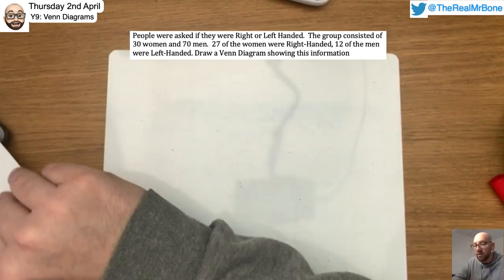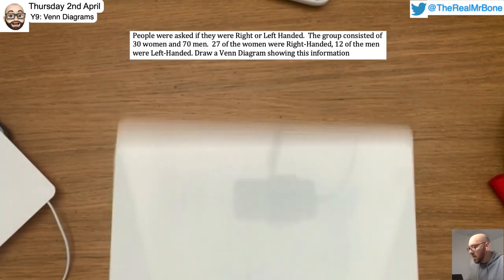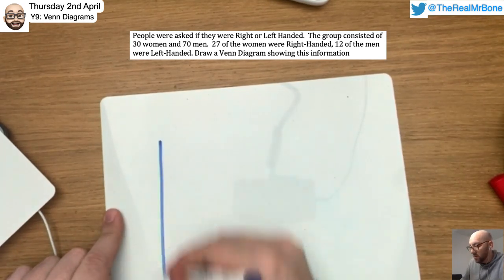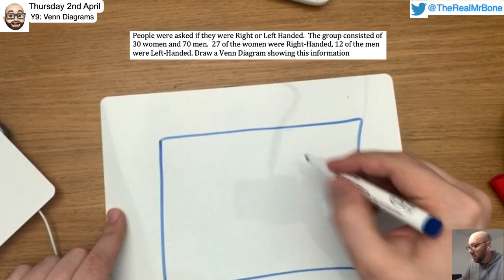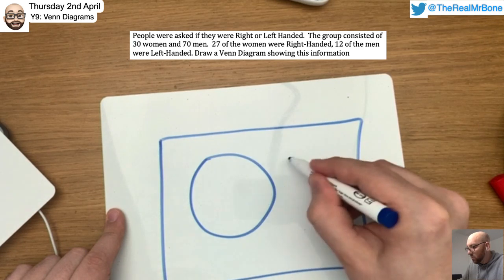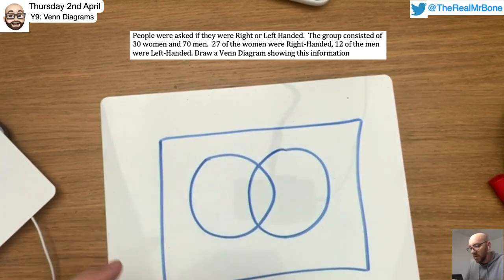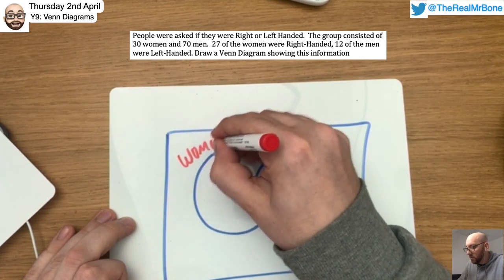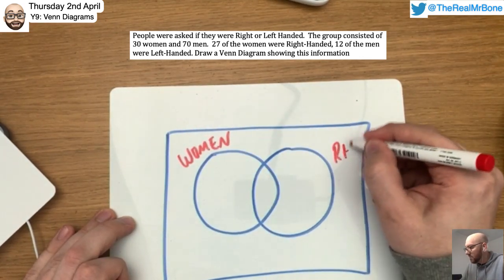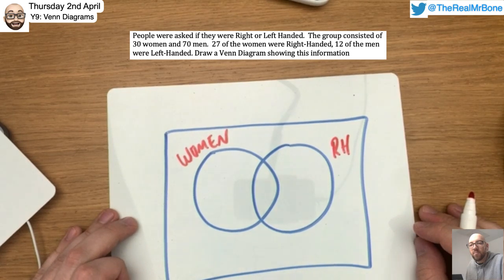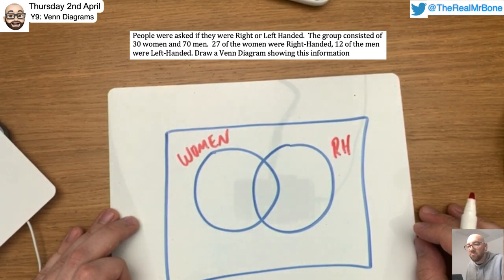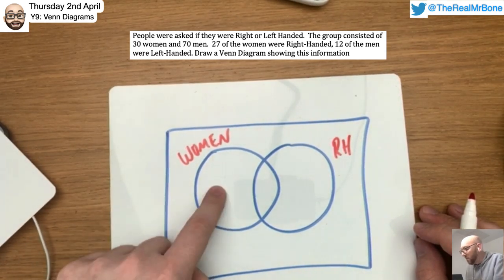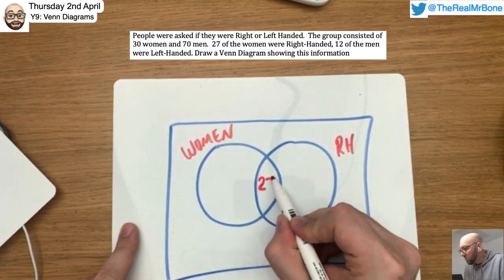So, for example, if I do the exact same question again, and we'll change it, we're going to keep it as right-handed people, but we might change the men to women and see how much that would have affected our Venn diagram. Women, right-handed. Okay, so we knew there were 27 right-handed women. So women, right-handed, 27 of those.